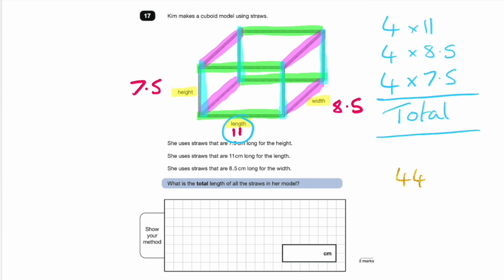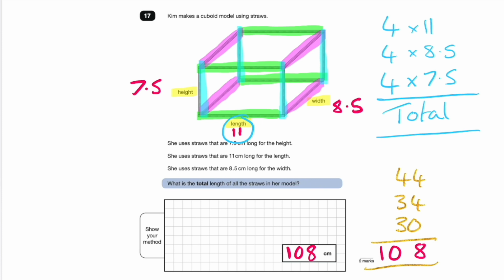And then 4 times 0.5 would be 2. So that would give me a total of 34. And then the last one, 4 times 7.5, well, 2 times 7.5 is 15. So therefore, 4 times 7.5 is 30. Remember to try and use any mental maths you know to try and help you, because we are under time pressure. Now I can just simply add these up. So my total is 108 centimeters.